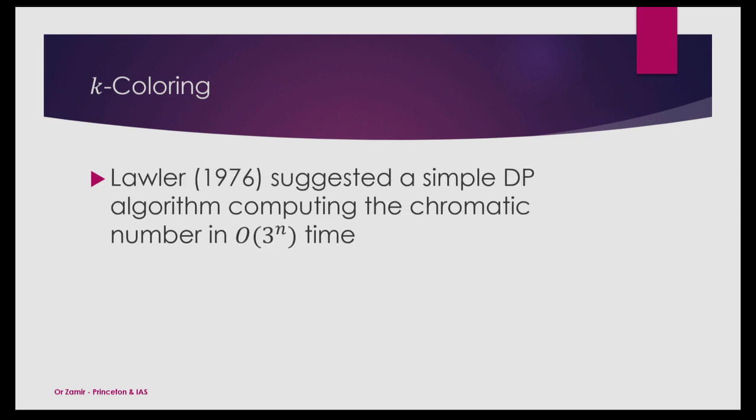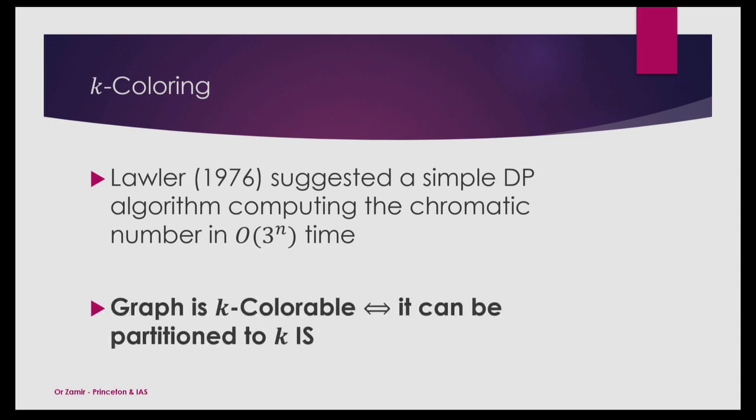Already in the mid-70s, Lawler came up with a very simple dynamic program that allows you to compute the chromatic number of a graph in 3 to the n time. So that one I'll leave as an exercise for the exercise sheet. If you want to solve it, one hint that will be useful for us, and I only mention this because it will come up, is the following observation.